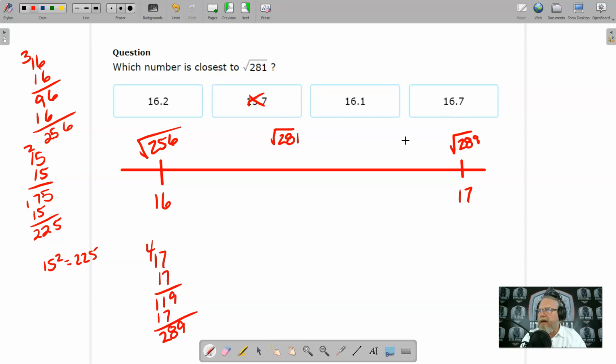Okay, so let's look and see. It looks like it's pretty doggone close down to this end over here. And 6.1 and 6.2 are going to be like over here. So I could probably rule out 6.1 and 6.2 just to be sure. 256 to 289 is a jump of 33.